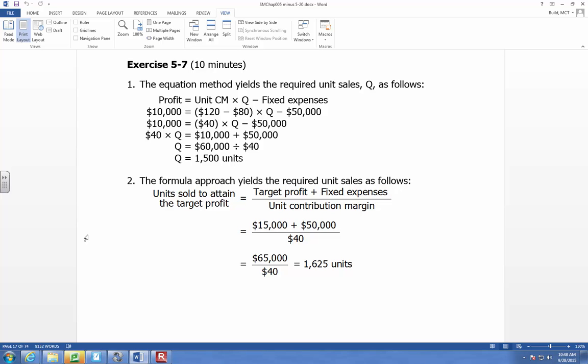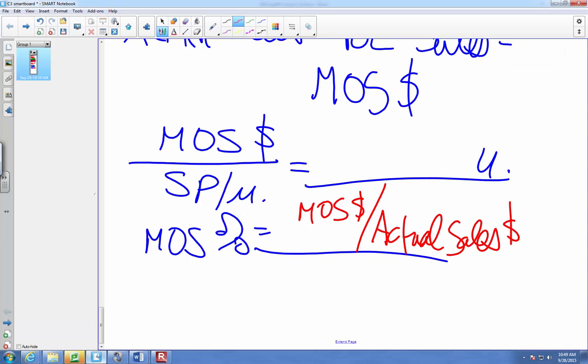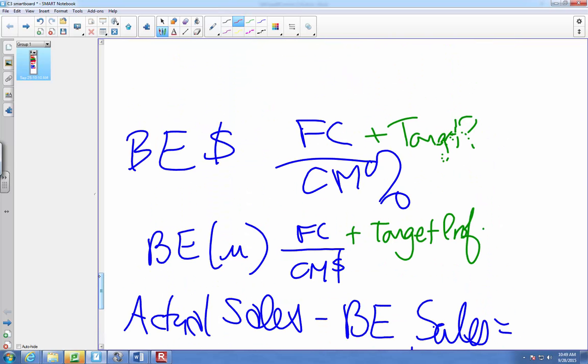Okay, who am I picking on? Perry, how can I start figuring out margin of safety? We're on 8. What do you have to figure out before you can get margin of safety?